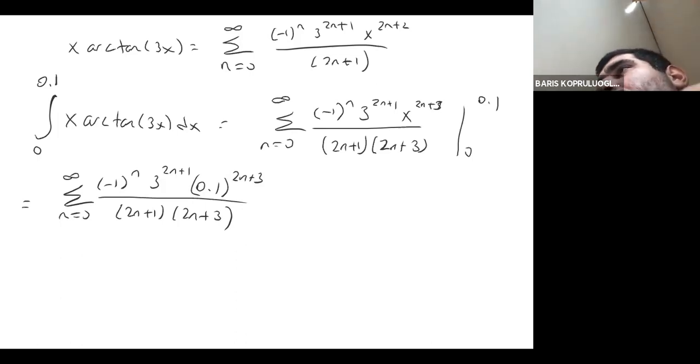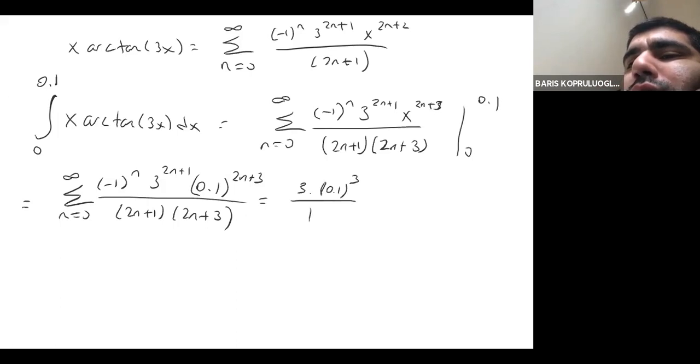And then if you write out some terms of this series, I think you will have, when n is 0, 3 times 0.1 to the power of 3 over 1 times 3.